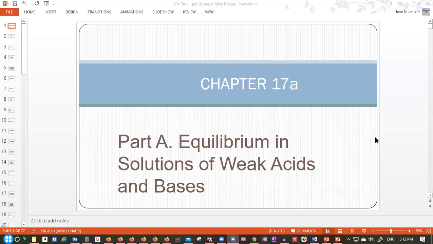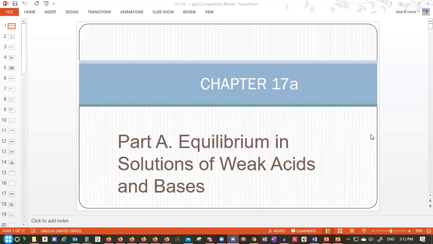So we'll do the equilibrium in solutions of weak acids, and we are going to break this chapter in two parts, chapter 17a and chapter 17b, that will cover equilibrium of insoluble salts.